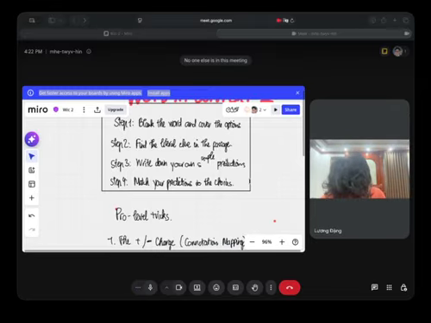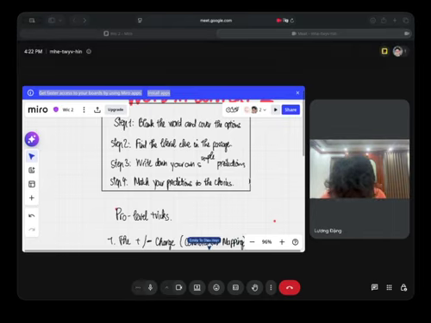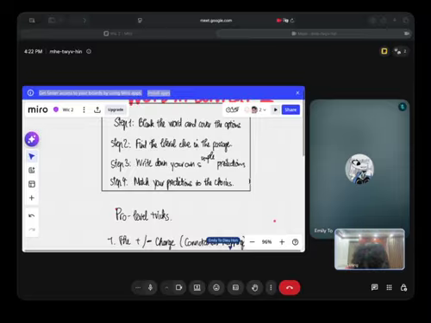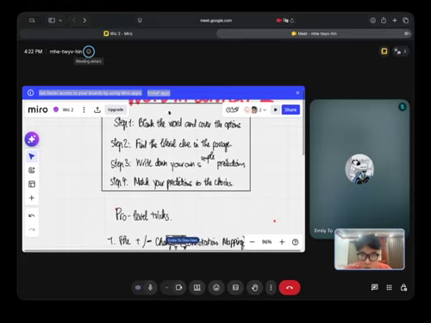Match the word with the exact degree of the context.